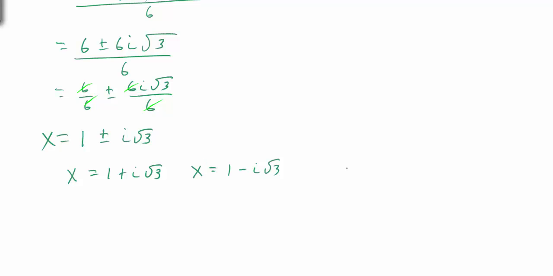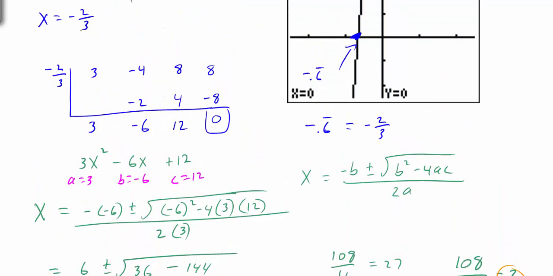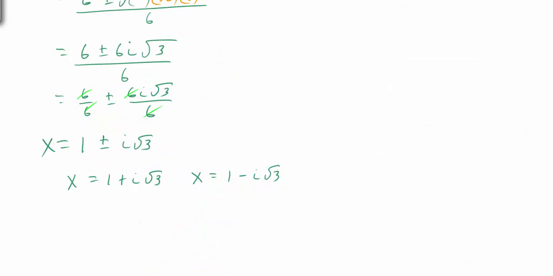And we already said from above that x is also equal to, from the calculator, x is equal to a negative 2/3. So if we bring down the negative 2/3, there's our 3 zeros.